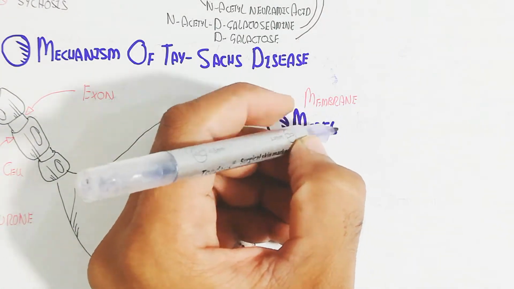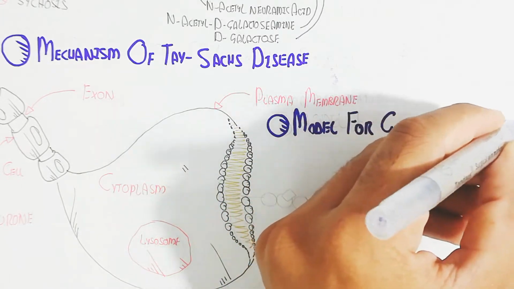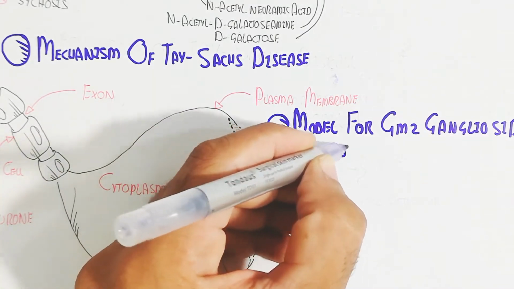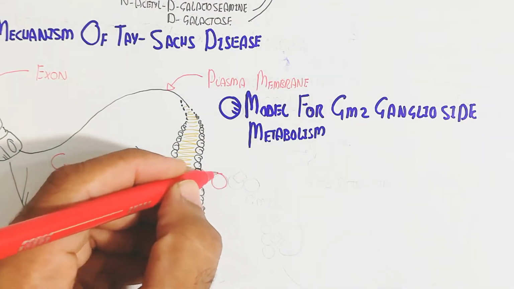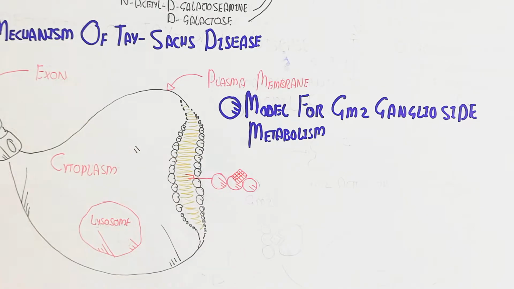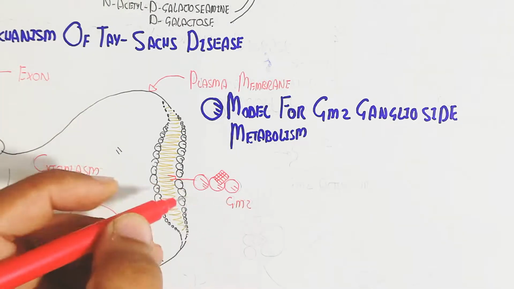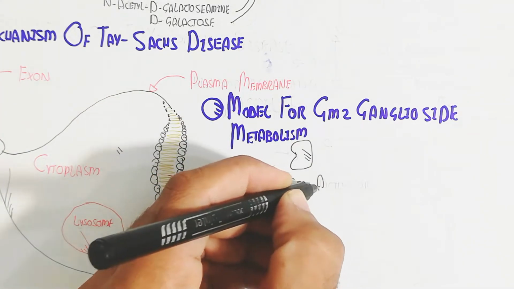In this video we are going to understand the model for GM2 ganglioside metabolism. This is the attachment of GM2, a ganglioside, which is inserted into the plasma membrane.